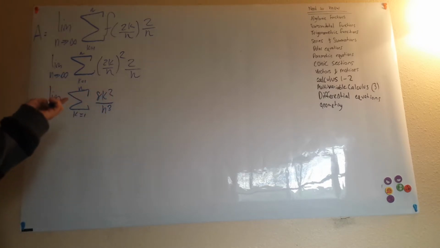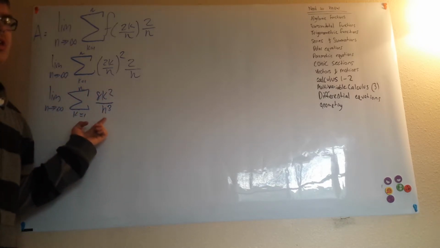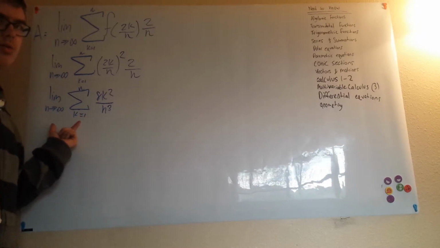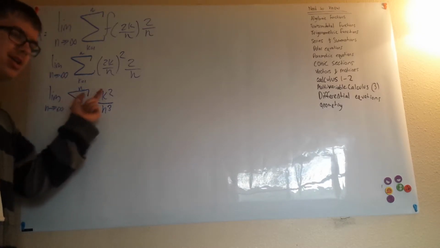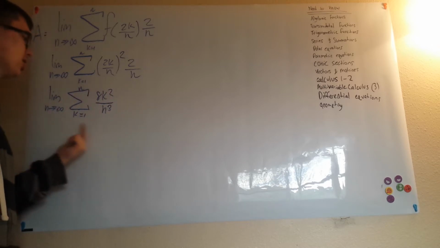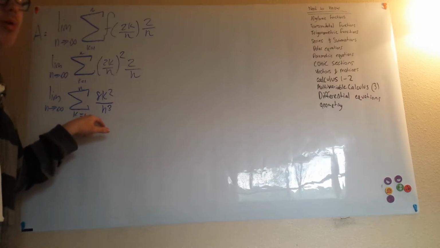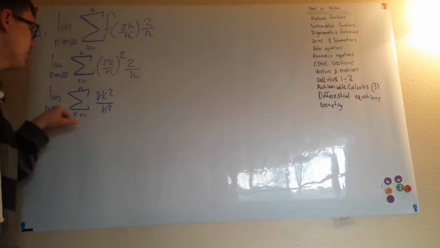Now, because we don't have anything affecting this n, we can just pull it out. Because no matter what number I plug in, we're still going to have n to the third. We're not plugging a number into n, we're plugging a number into k.